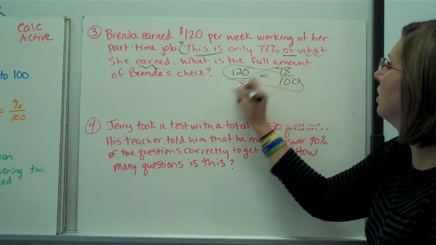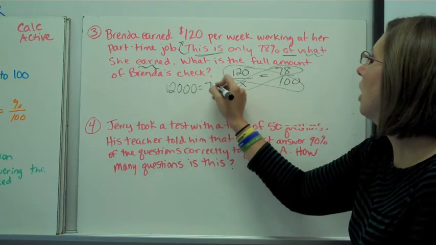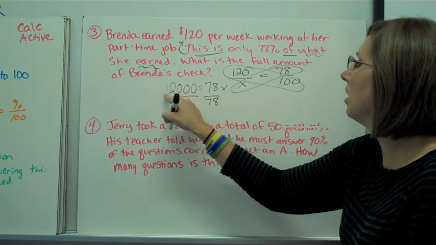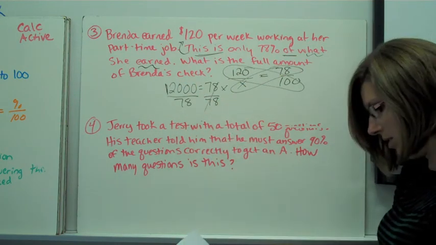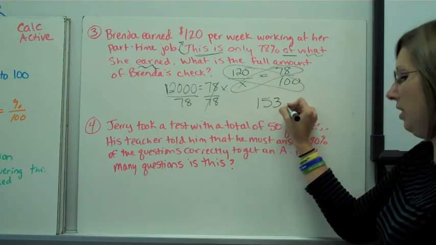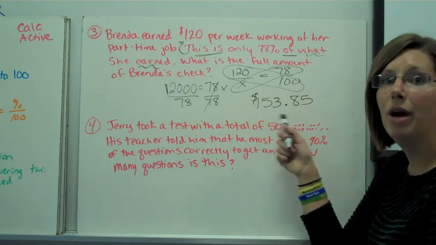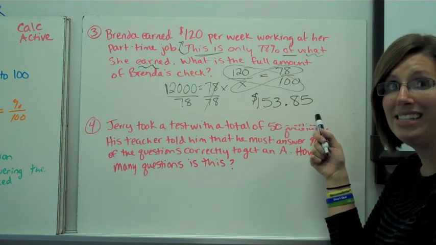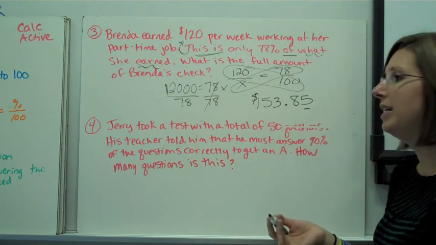I'm going to cross multiply. Here's where I'd use my calculator, to find out x equals $153.85. Whenever you're dealing with money and your number goes past the hundredths place, which is the cents in money, we're rounding to the nearest cent, which is the hundredths place.